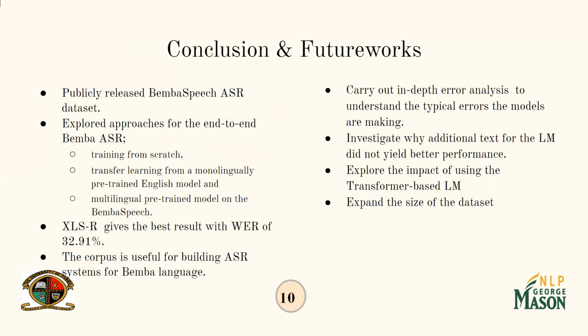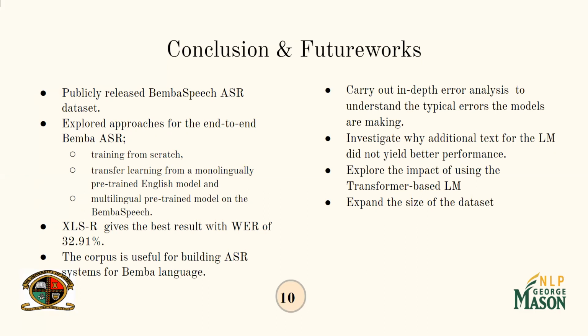We further want to explore several strategies to improve the performance of our models in our future work. Firstly, we want to carry out in-depth error analysis to understand the typical errors the models are making. We also want to investigate why additional text from the JW300 for our language model did not yield positive performance.